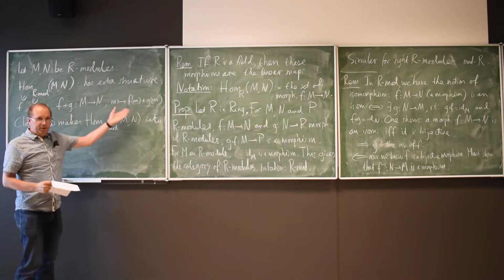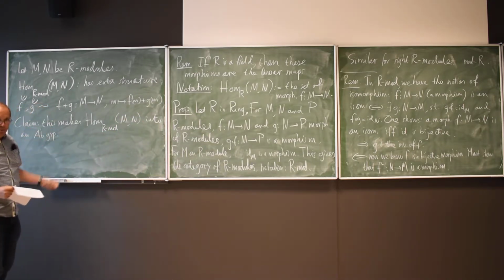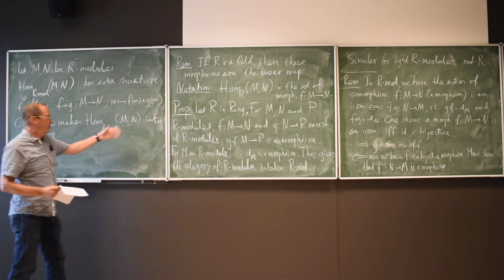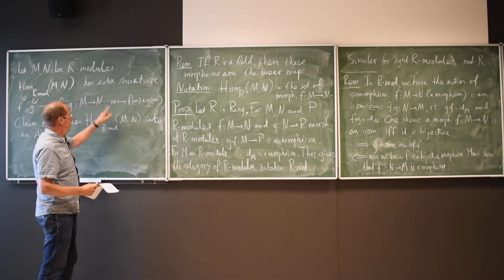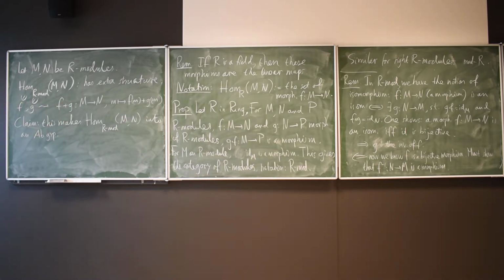Well, that is the element that sends everything to zero. And for every F, there must be an opposite, an additive inverse, and you can guess it: you send m to minus F of m, and that will be your inverse. And then it is an abelian group. And if you don't know anything more about R, then this is the only structure I know. But if R happens to be commutative, you can do a bit more.